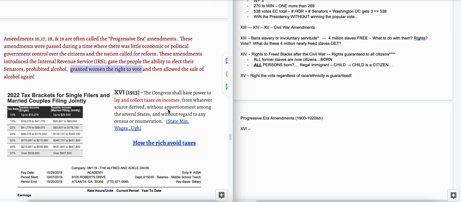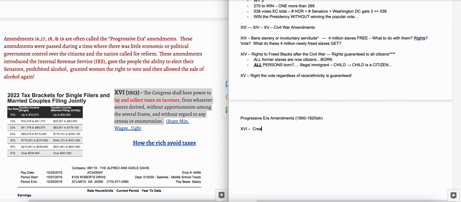So here we go. The Progressive Amendments. The 16th Amendment. If there is one amendment Mr. Berry hates more than any other amendment, it is this one, and it will be on the test. The Congress shall have the power to lay and collect taxes on incomes from whatever source derived without apportionment among the several states and without regard to any census.